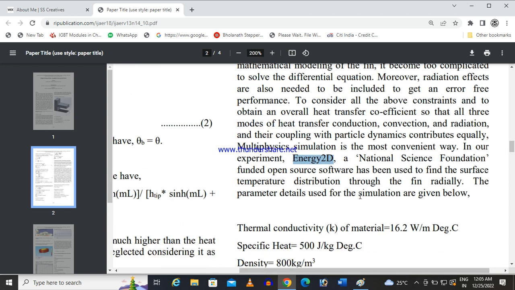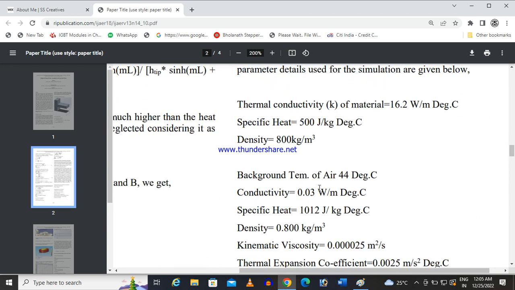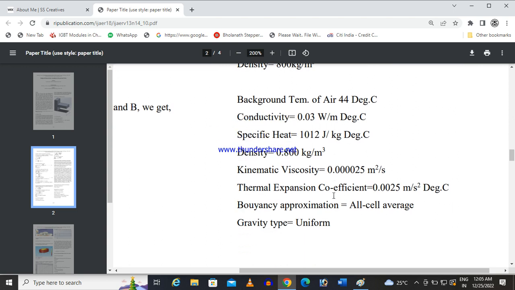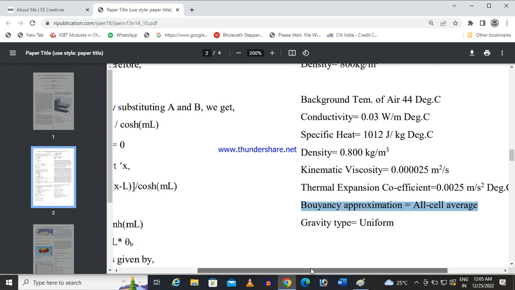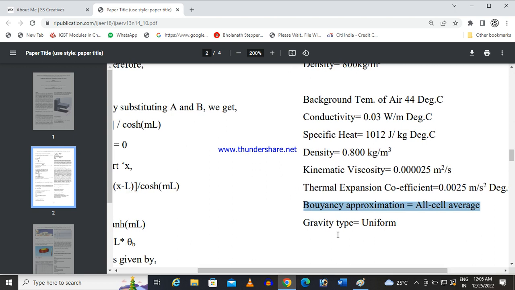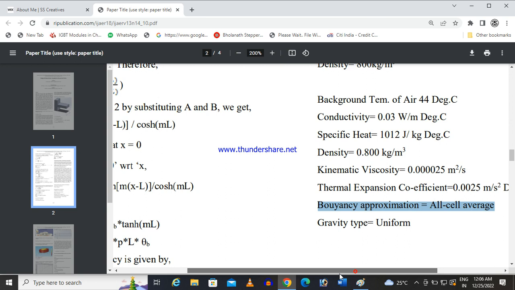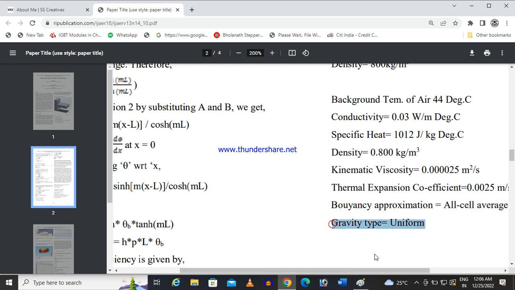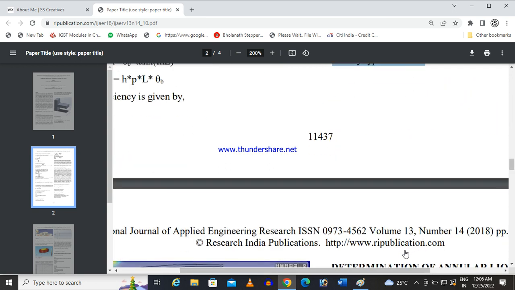And these are some parameters. Here buoyancy approximation is used in each fluid cell. Okay, it means when it is meshing, buoyancy approximation is applied in each cell, because it's a natural convection, gravity.